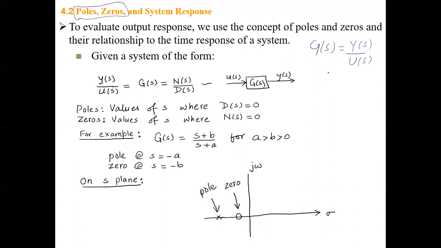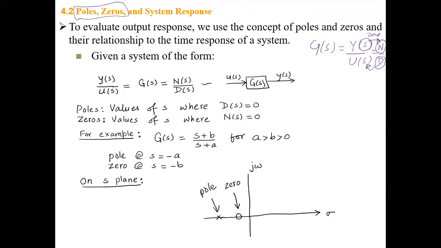So how do you represent it? This is the numerator, N, and D is the denominator. When you equate the denominator to 0, what is the value of s you get? That's called poles.